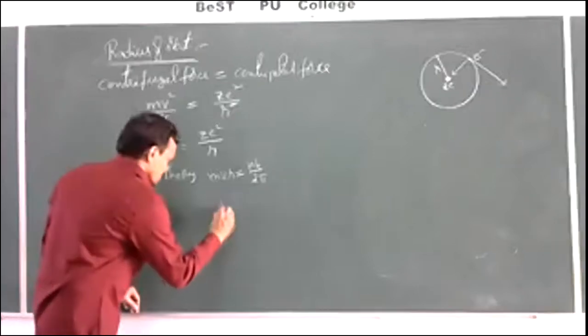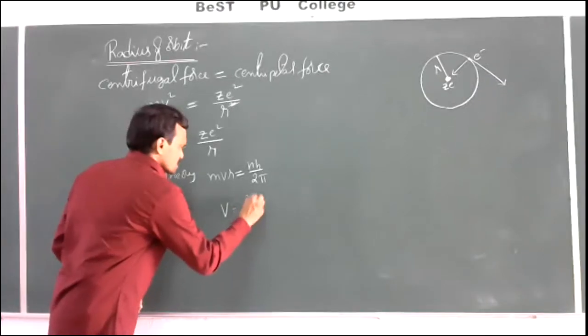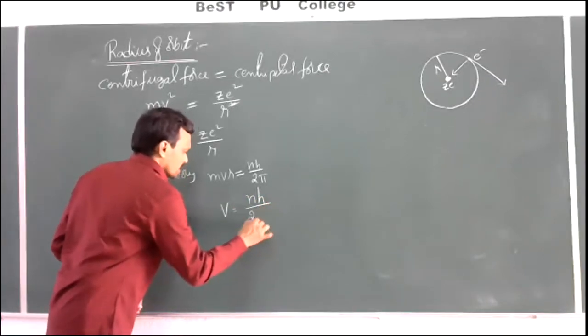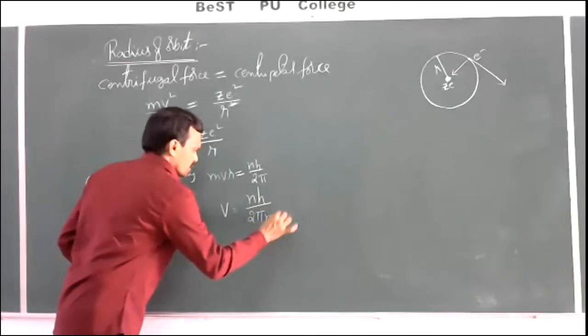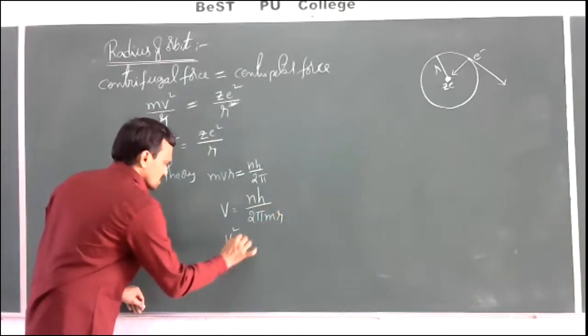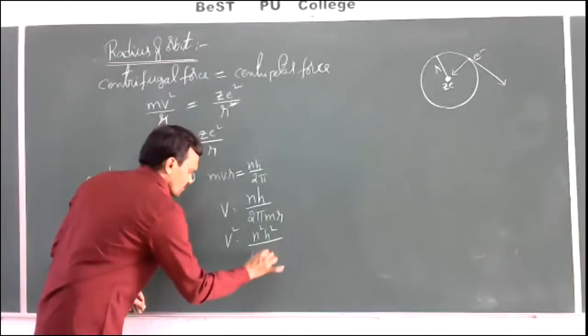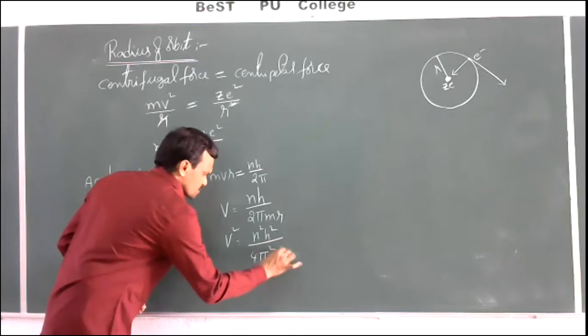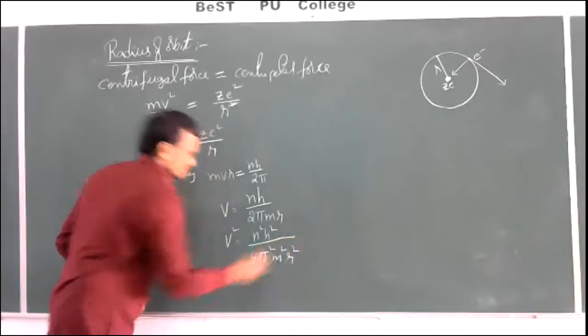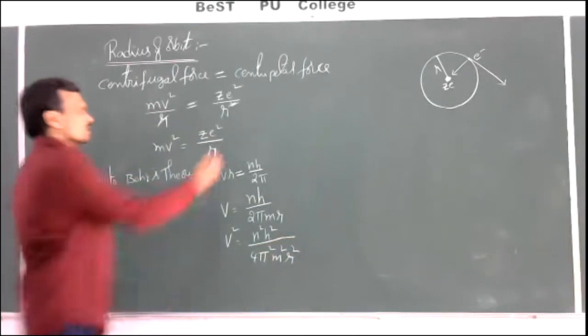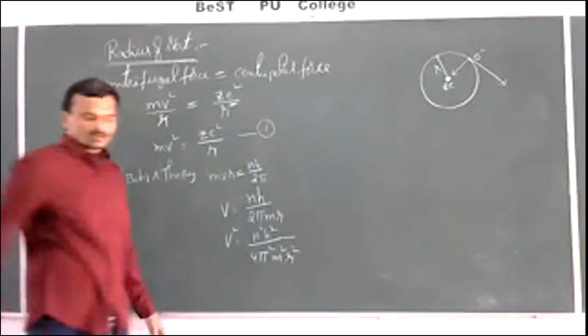From this, we have the expression v equal to nh by 2 pi mr. Then v square is equal to n square h square by 4 pi square m square r square. This is the expression of v square. Let this be equation 1.